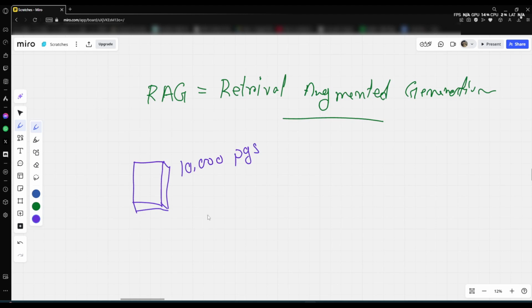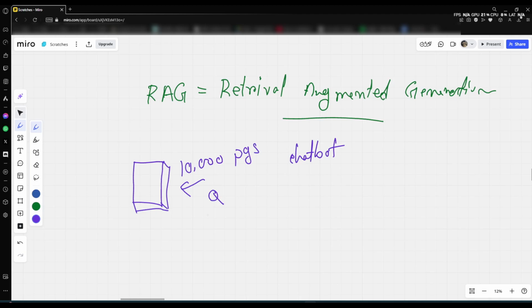Suppose I have a book of 10,000 pages and I want to create a chatbot which will be built based on this book. Whenever I ask it a question, it will, without any delay, present me the answer from the book. So now I will turn this book into vectors.